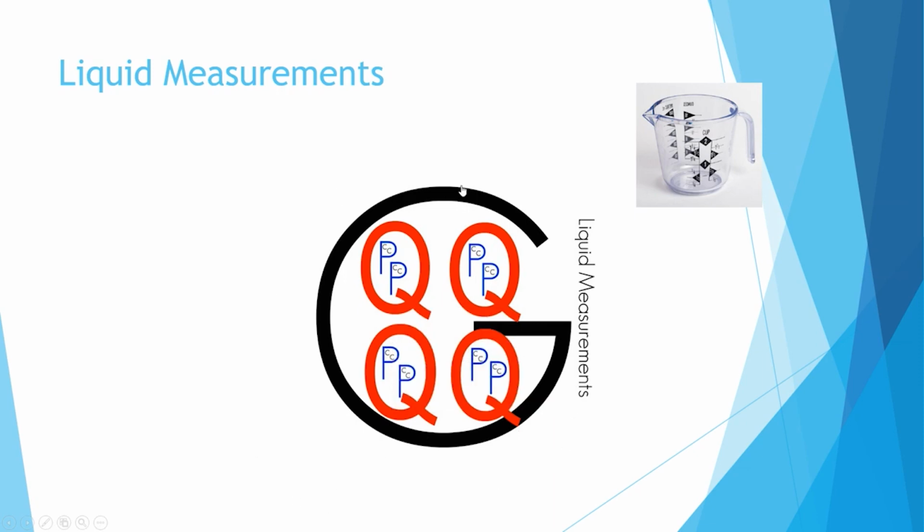The G stands for gallons, Q stands for quarts, P stands for pints, and C stands for cups. So 1 gallon is made up of 4 quarts. Each quart is made up of 2 pints, and each pint is made up of 2 cups.